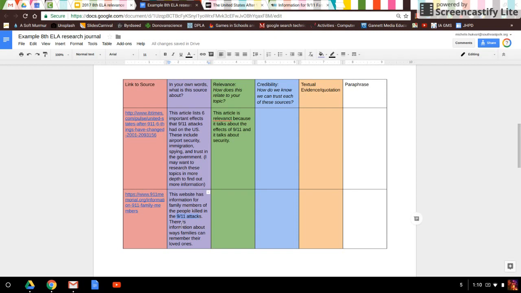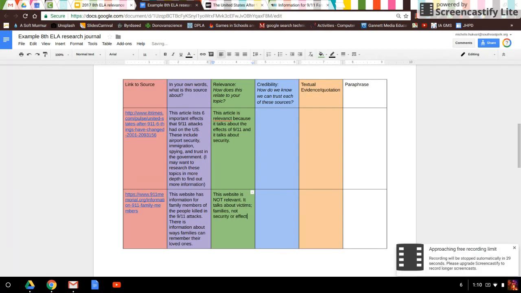It's not really talking about security at all. So this website is not relevant because it talks about victims' families. Or doesn't talk about the effects either. So that is my process.